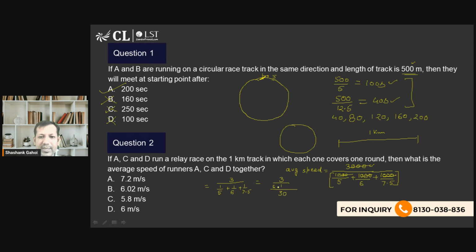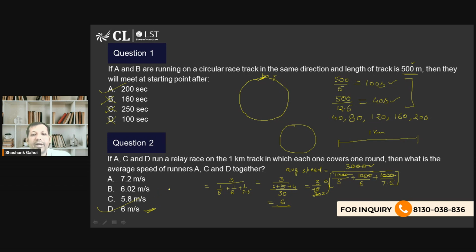It is going to be 6 plus 5 plus 4. So that is going to be 3 upon 15 upon 30. So that is going to be 2. 2 goes to the numerator and it comes out to be 6. So my average speed of all three of them for the relay race of 3 kilometers is going to be 6 meters per second. And this is the approach that we are going to follow in this kind of question.